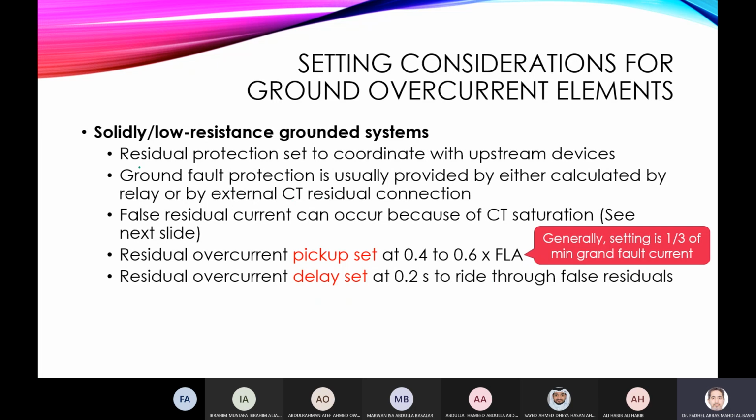Now if you have a solidly or low resistance grounded system, normally your pickup for the ground overcurrent relay should be lower than the minimum ground fault level. Normally we take 1/3, this is a general rule of thumb: 1/3 of your line to ground fault level for your pickup setting. Or you can take from 40% to 60% of your full load current.